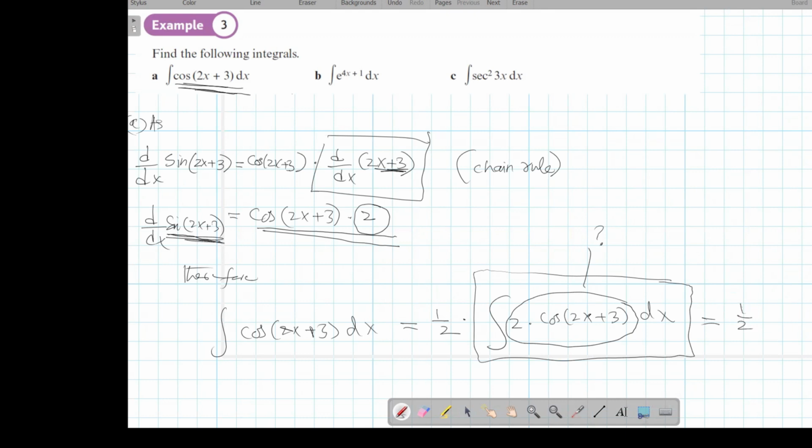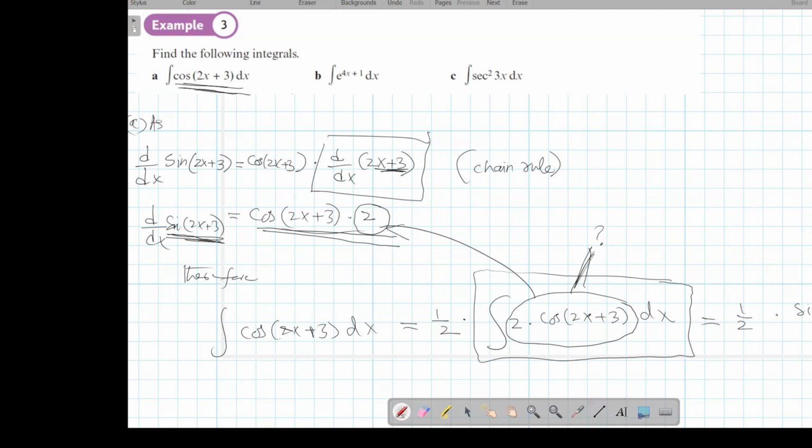Are you getting it, Damiano? This is the derivative of which function? We have just seen it. Sine 2x plus 3, no? Exactly. So I will put sine 2x plus 3 here.